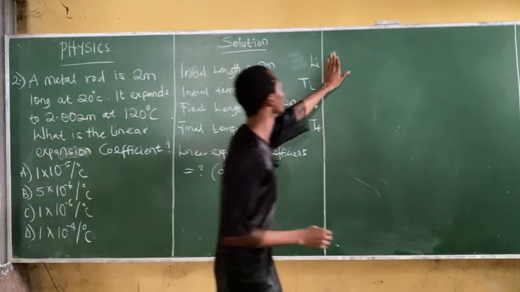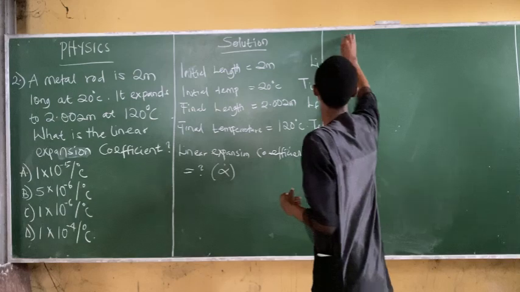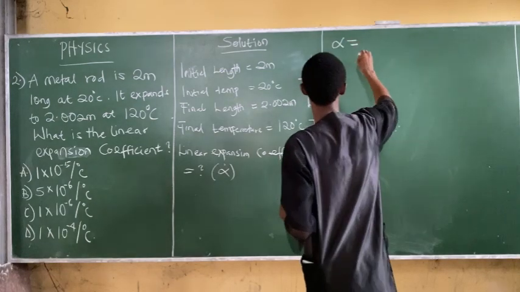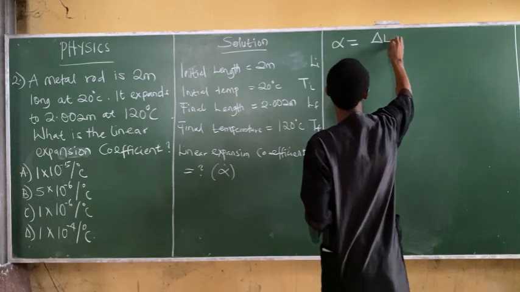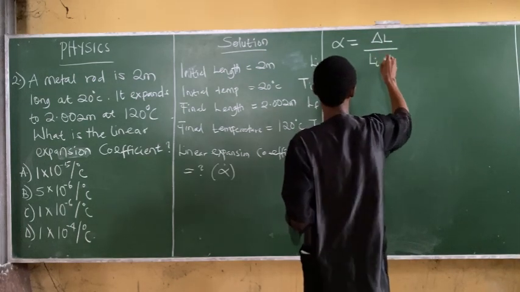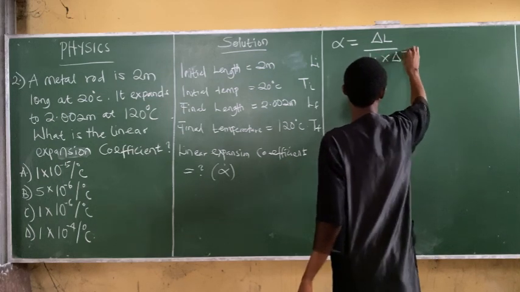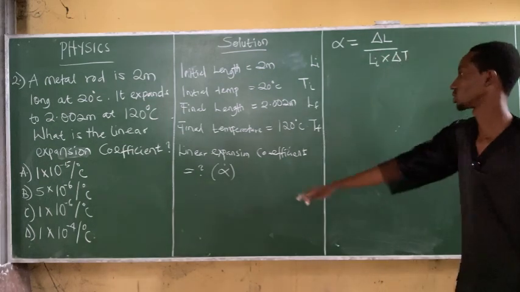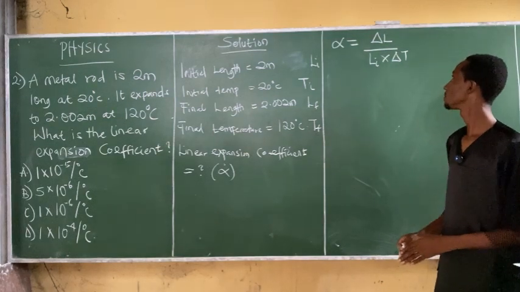Now, the formula for linear expansion coefficient is given as alpha is equal to change in length over initial length times change in temperature. This is the formula for linear expansion coefficient.